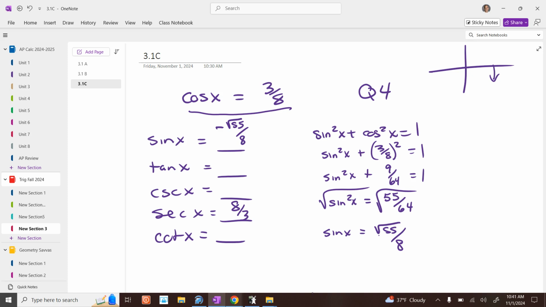Now, if we know the sine, what is its reciprocal function? So cosecant of x is negative 8 over the square root of 55. Can I leave the square root of 55 on the bottom? No, so I multiply top and bottom by square root of 55. So cosecant is negative 8 square root of 55 over 55.